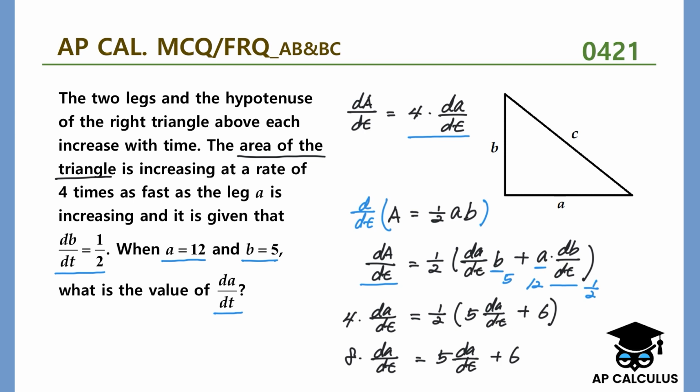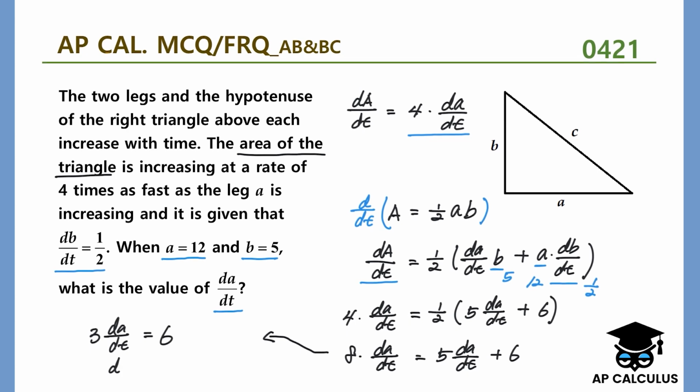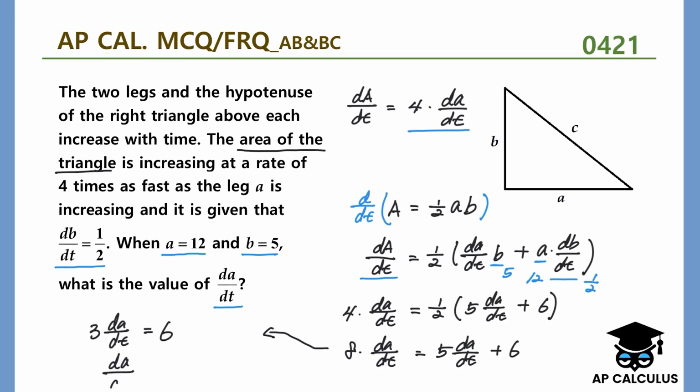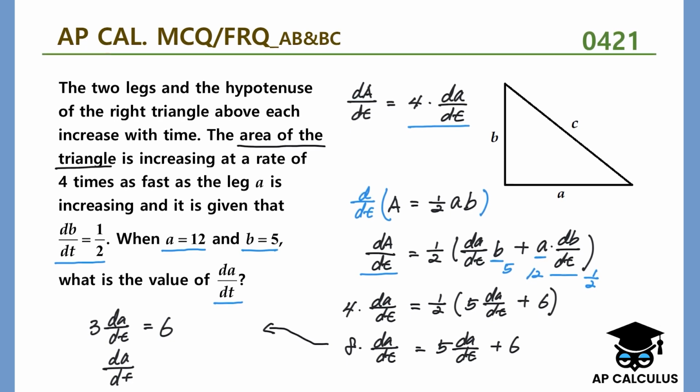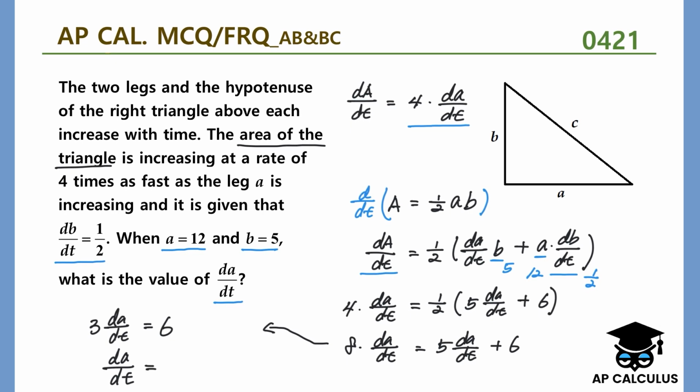So 8 dA over dt minus 5 dA over dt, that's going to be equal to 3 dA over dt, which is equal to 6, right? So change in leg A with respect to time t is equal to 6 divided by 3, 2, right? So the answer has to be 2.